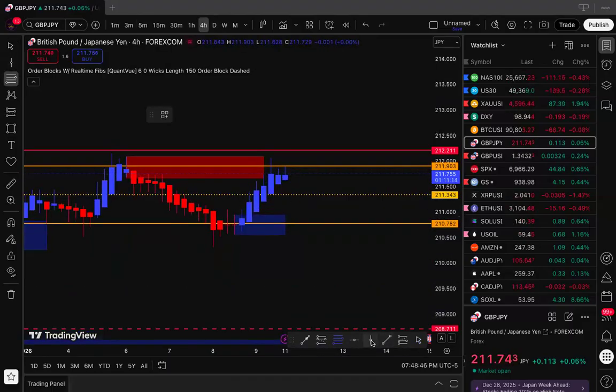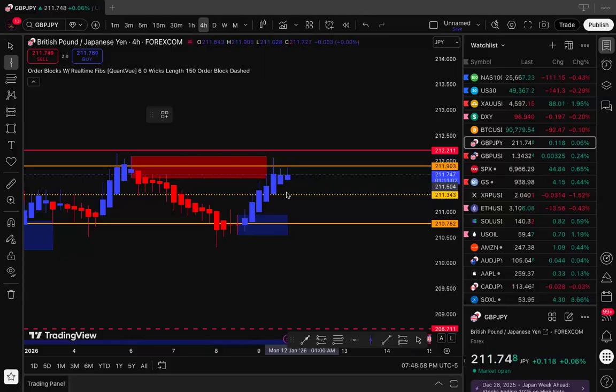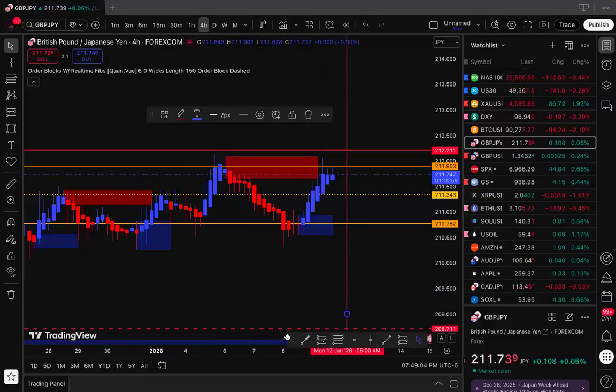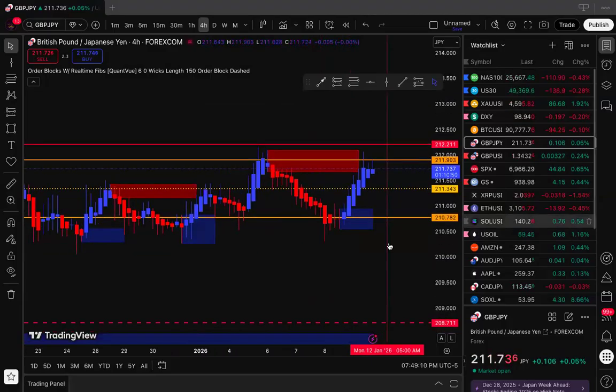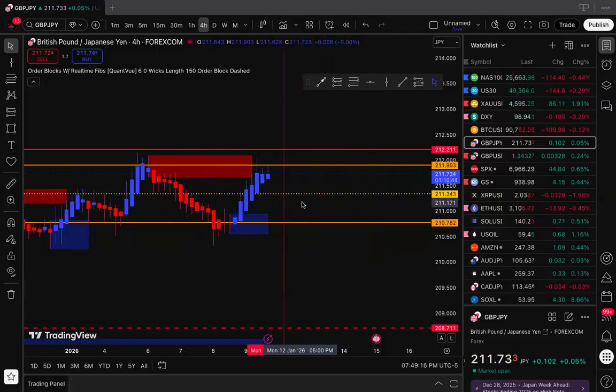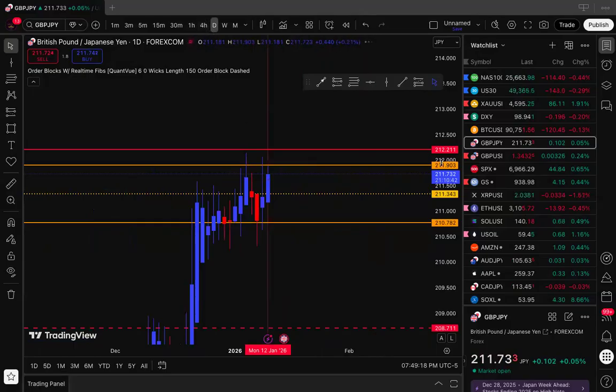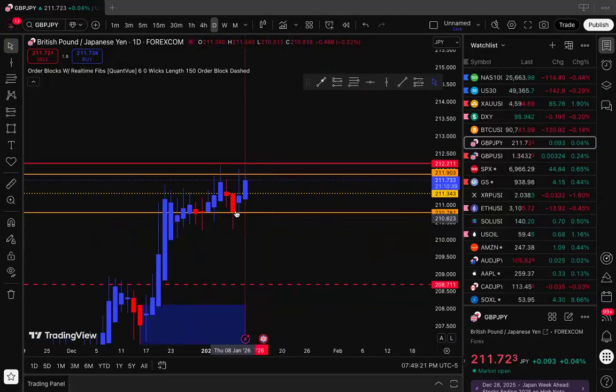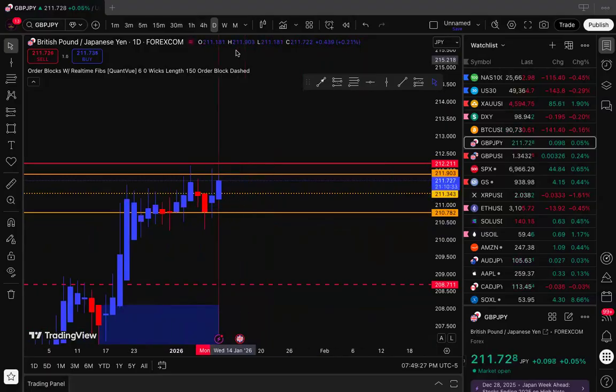So we got the GJ rejecting the resistance right now. It's also coming out of a sell order block, 4 hours. But this right here tells me that the buy trend is going to continue.